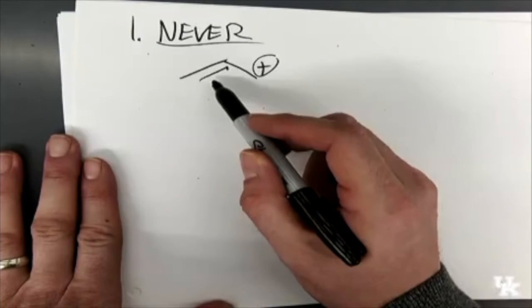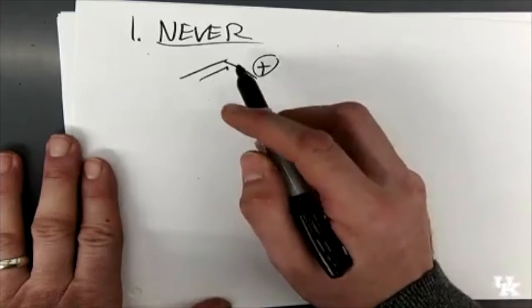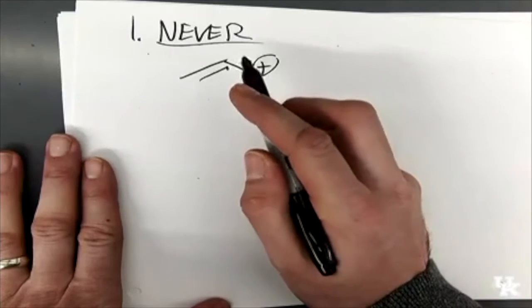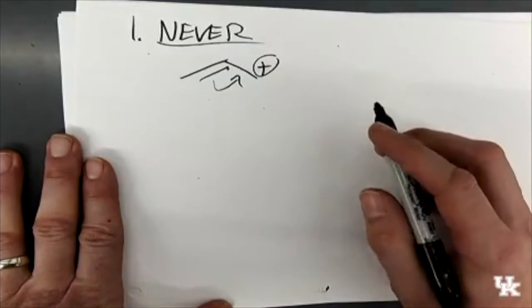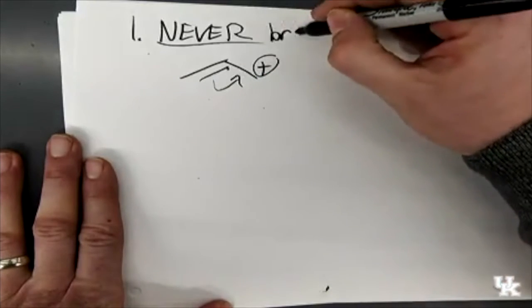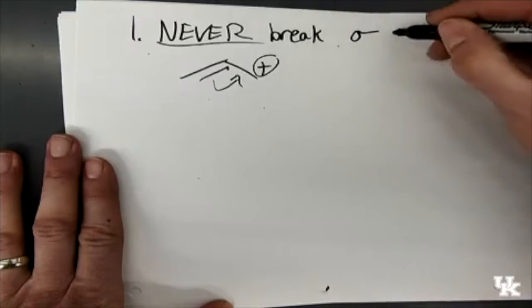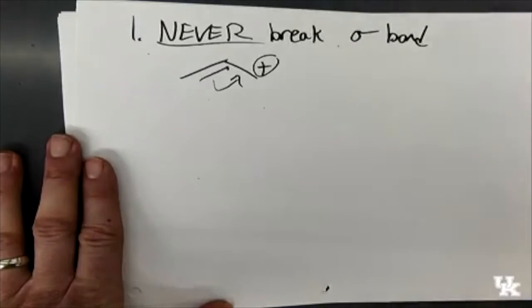The electrons inside of a pi bond are what? Pi electrons. They can move. Never break a sigma bond. There we are.